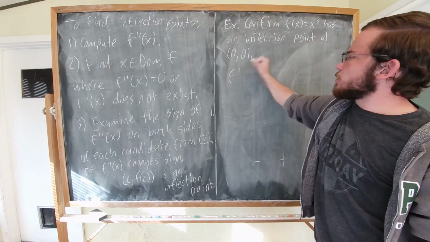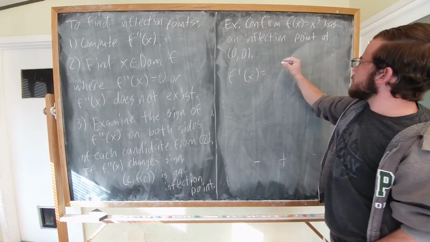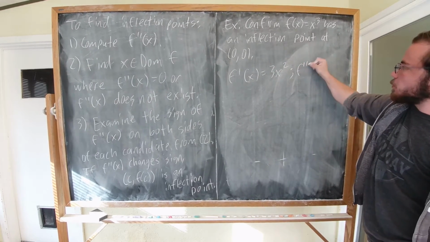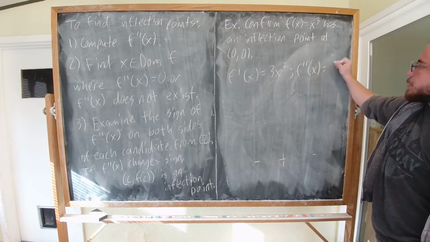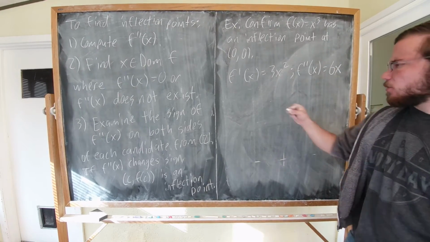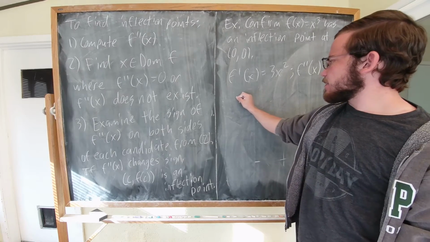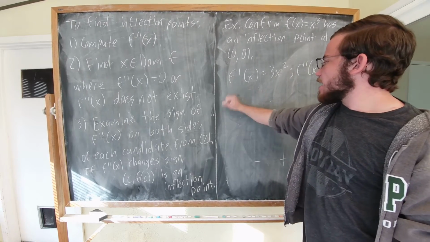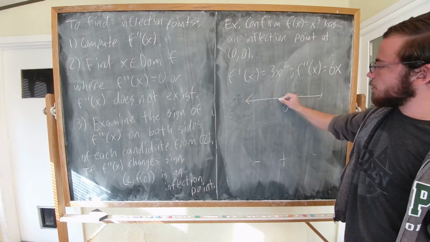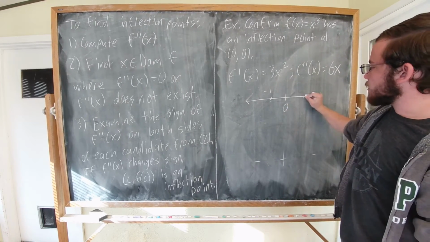Well, let's take those derivatives. f prime of x is 3x squared. f double prime of x will be 6x, just like before. And now you see, hey, let's pick some test points. 0, -1, and 1. Right?